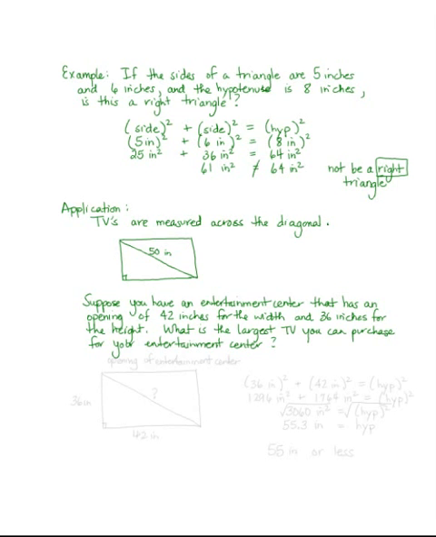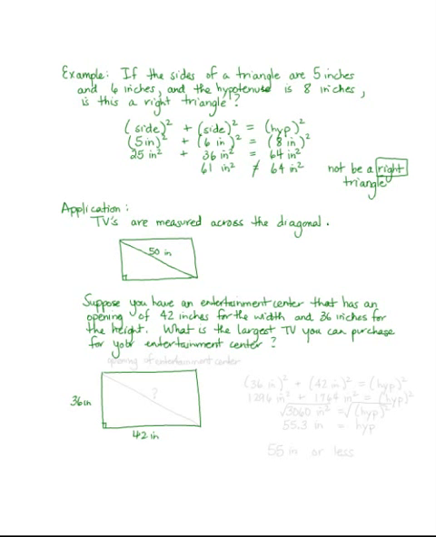So we have some dimensions for our opening. Let's draw a picture of the opening of our entertainment center. Here's our opening. We have 36 inches for the height, 42 inches for the width. The question is, what size television can we fit into that slot?